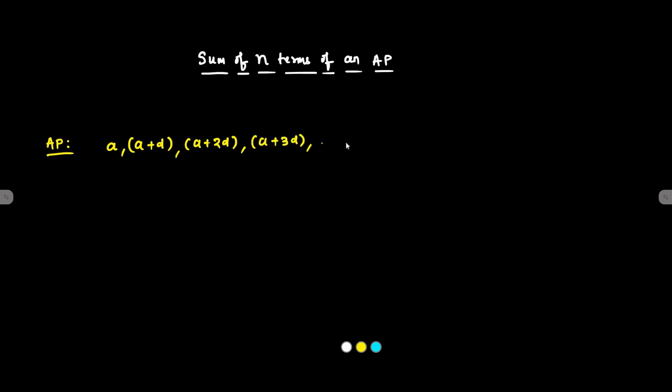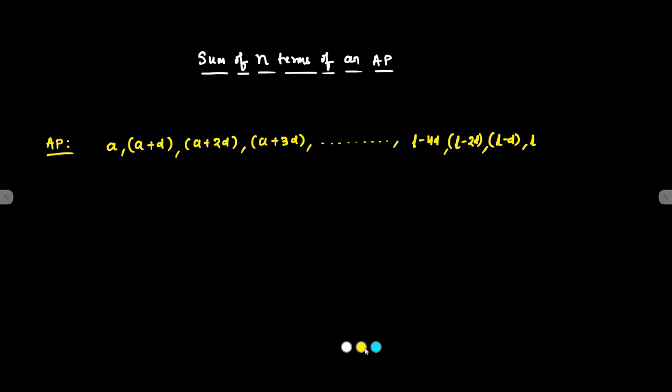And if we write from the last, let the last term be small l, the second last term, considering it from the last, is l minus d, the third last term l minus 2d, the fourth last term l minus 3d.